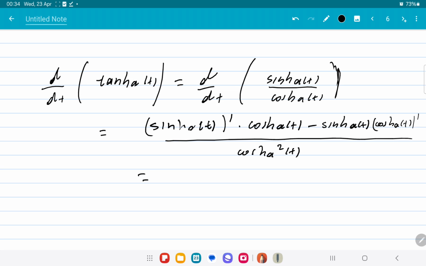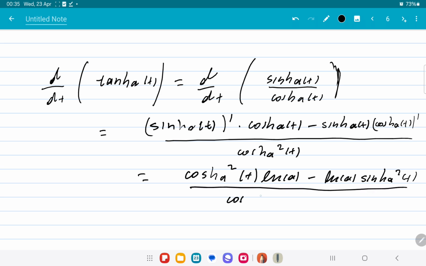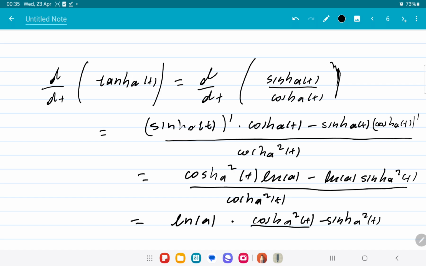So the derivative of sine hyperbolic we have showed before is ln a times cos hyperbolic, so with the cos it is going to be ln a cos hyperbolic squared, minus ln a sine hyperbolic squared. And here we divide by the cos hyperbolic a t to the power of 2. I can take a common factor, and I have ln a times cos hyperbolic squared of a t minus sine hyperbolic squared of a t over cos hyperbolic squared of a t.